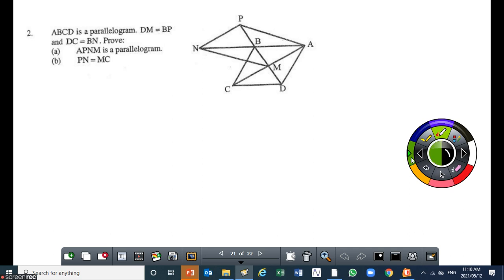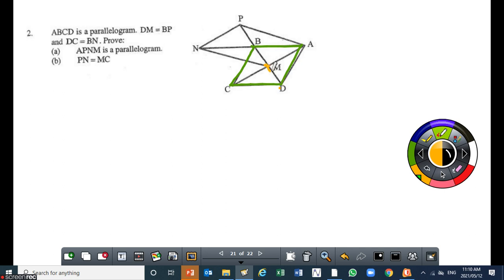So we have got A, B, C, D. That's the parallelogram. DM, that is DM, we're talking about from here to there. It's equal to PB.